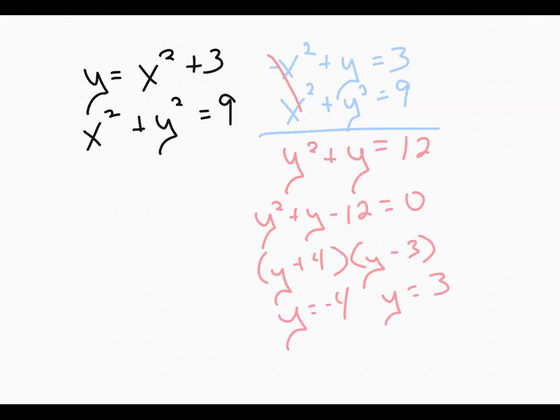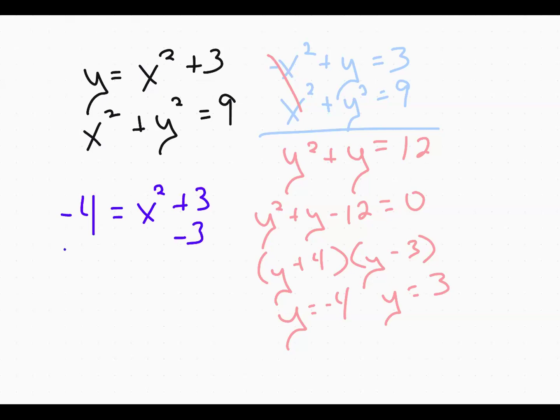So I'm going to plug back in. You want to plug in the top or the bottom? I'm going to actually plug into the top. And there's a reason. You'll see it quicker. If I plug in -4 equals x squared plus 3, move the 3 over so I enact the square root property.